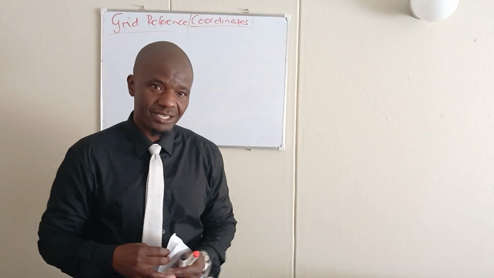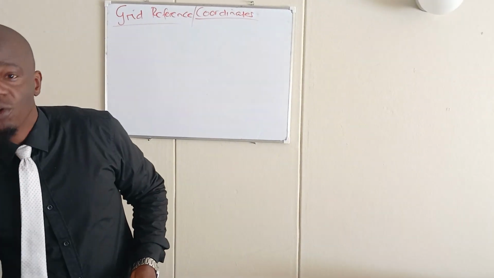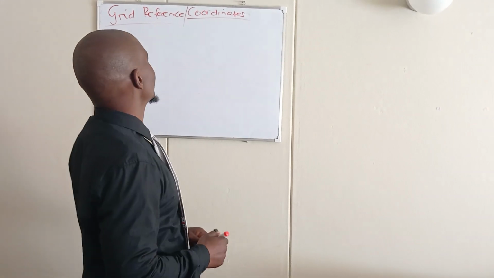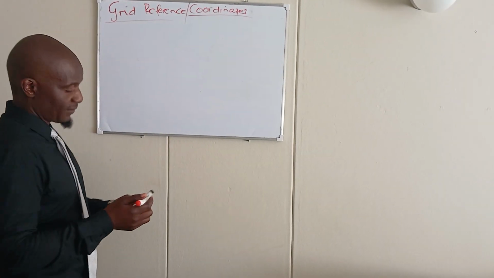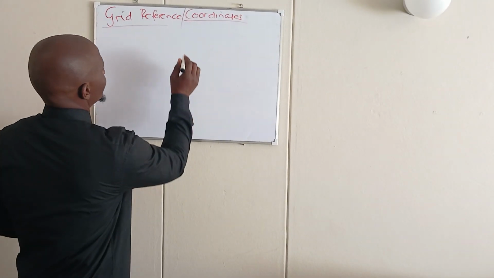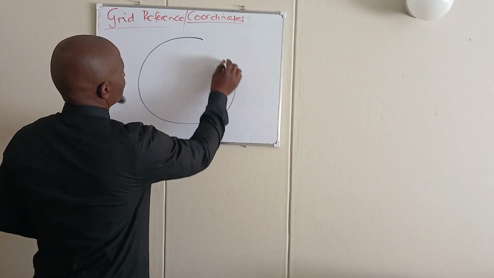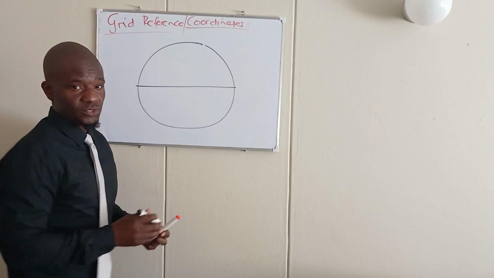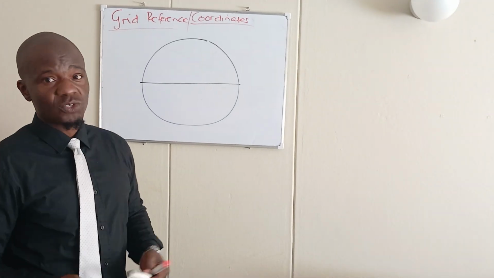So I'm going to start by trying to simplify it so that it's very easy for each and every person that is going to listen to this video to understand. When it comes to grid reference and coordinates, the first thing that you need to understand is that we are actually trying to find the exact location of places on a map, or features on a map.